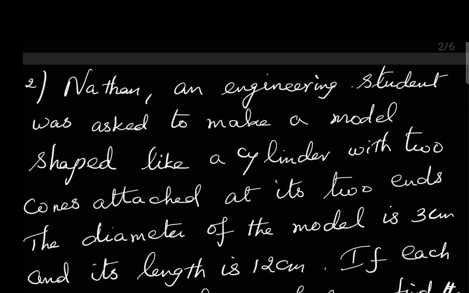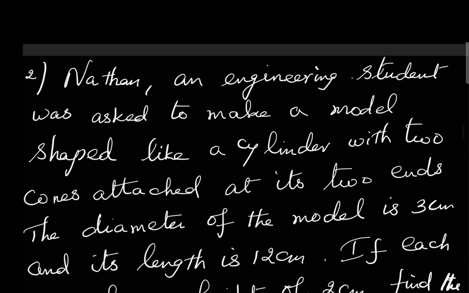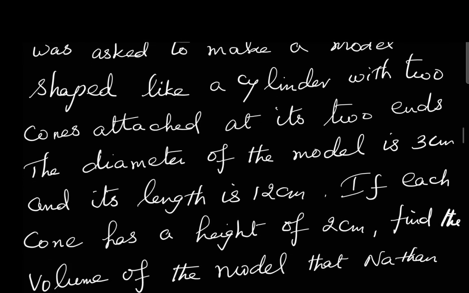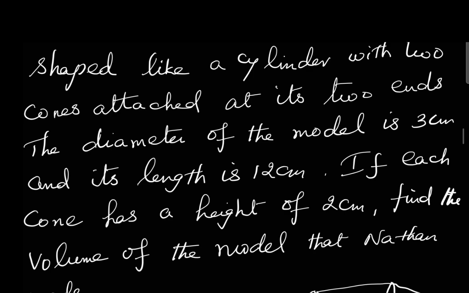The second question, Nathan, an engineering student, was asked to make a model shaped like a cylinder with the two cones attached at its two ends. The diameter of the model is 3 cm and its length is 12 cm.